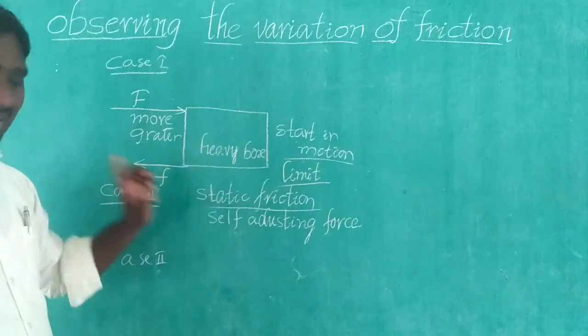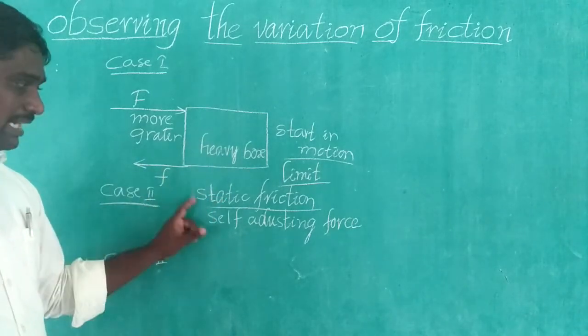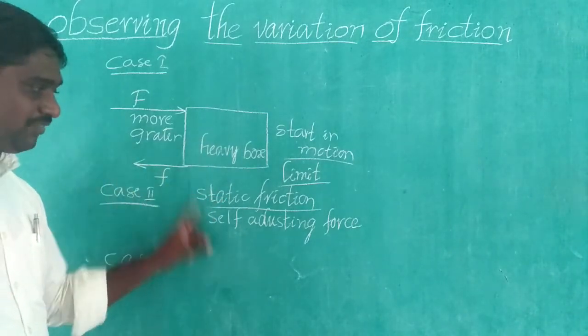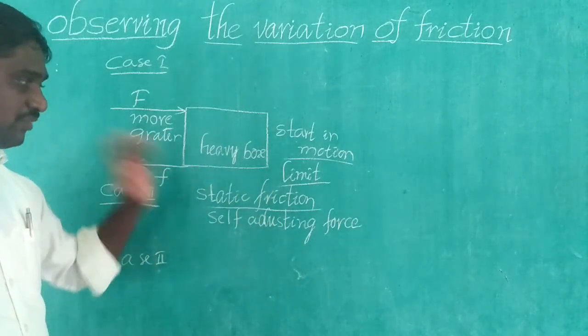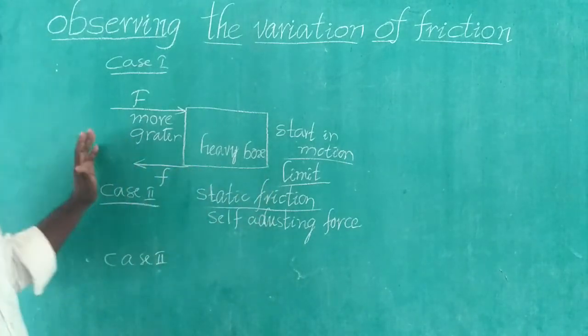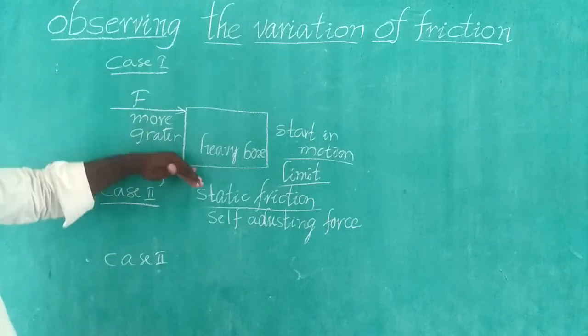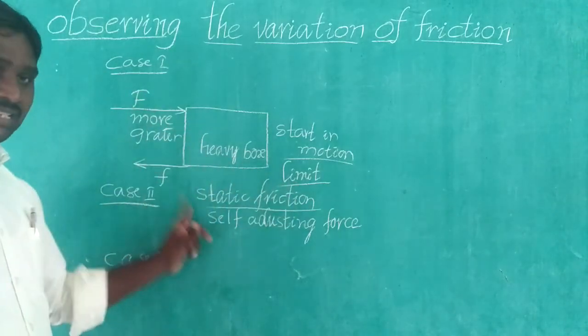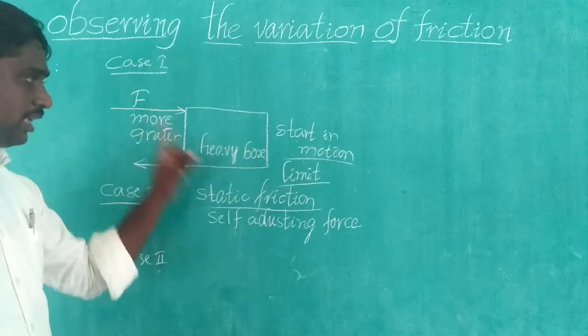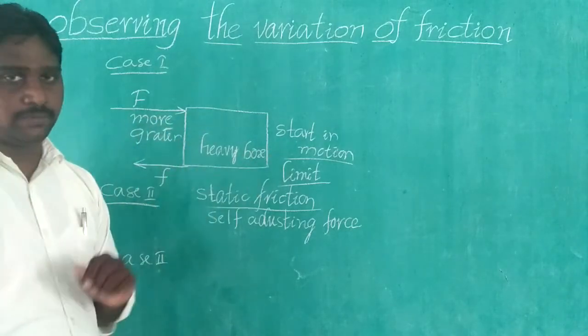Why? Because of static friction. Static friction is a self-adjusting force, but this self-adjusting force has a limit. When we apply greater force on the heavy box to overcome the limit of static friction, then the heavy box starts in motion.